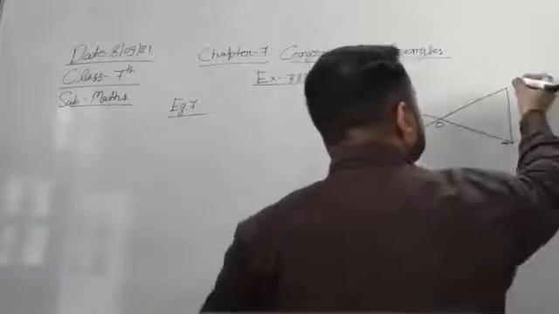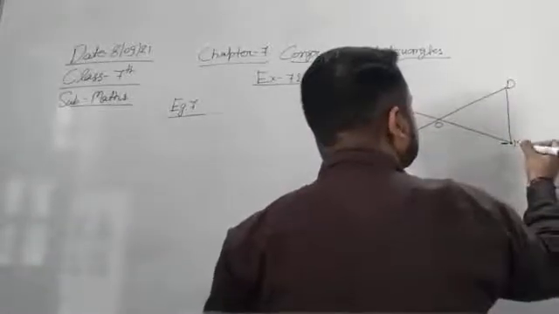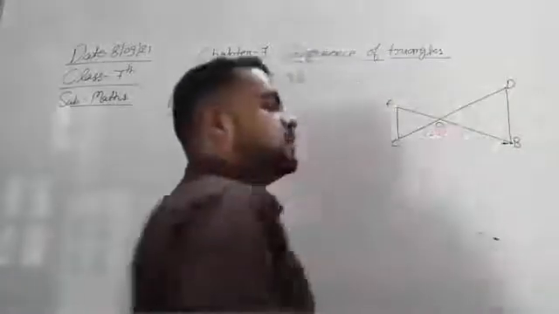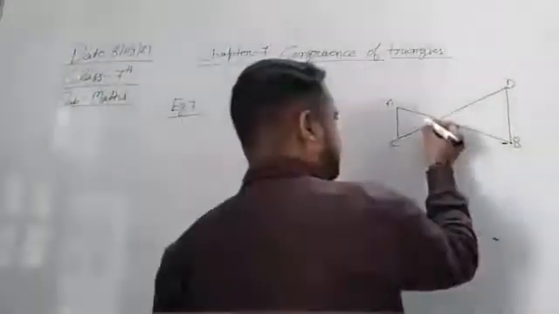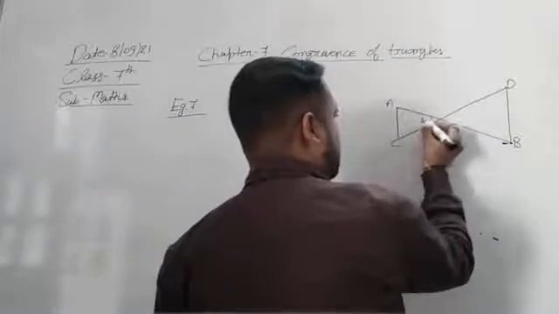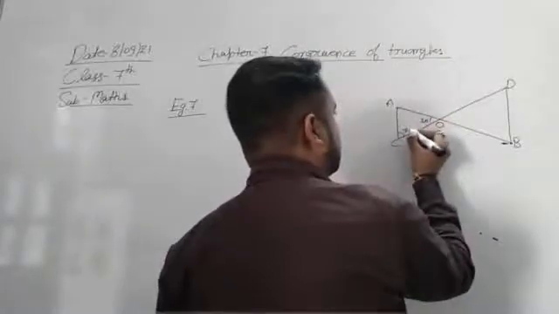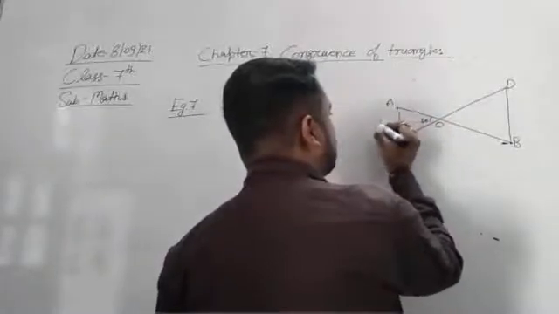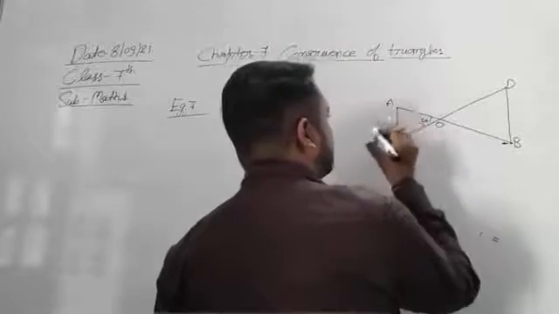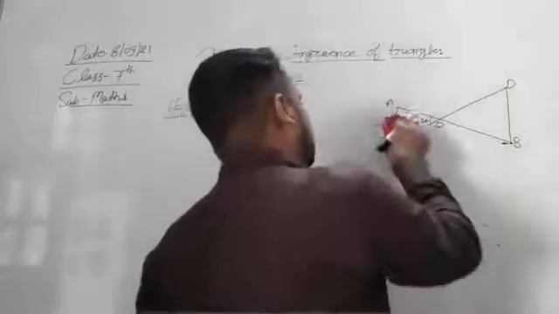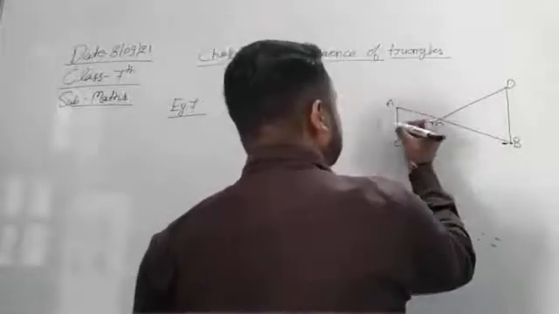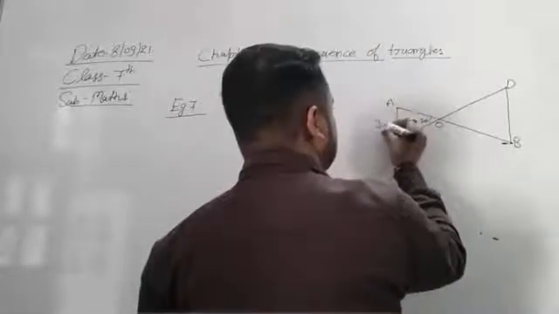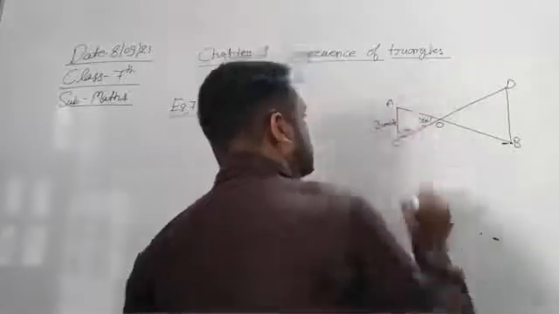Now the angles are given here: 30 degrees and 70 degrees, and this side is 3 centimeters, or as the unit is not given, 3 units.